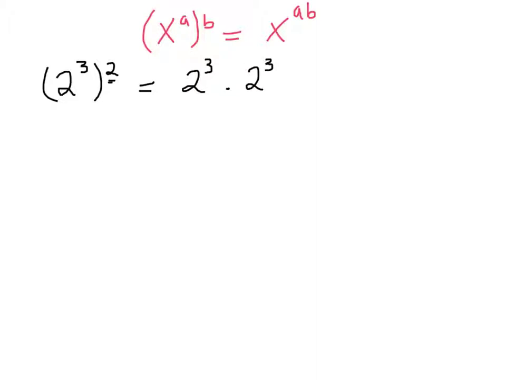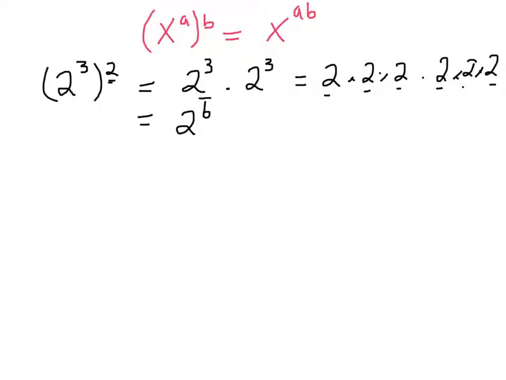That's the squared part. And 2 to the power of 3 is 2 by 2 by 2, multiplied by 2 by 2 by 2. If you count all the 2s, you get 1, 2, 3, 4, 5, 6. So you end up with 2 to the power of 6. And this 6 is got by multiplying 3 by 2.